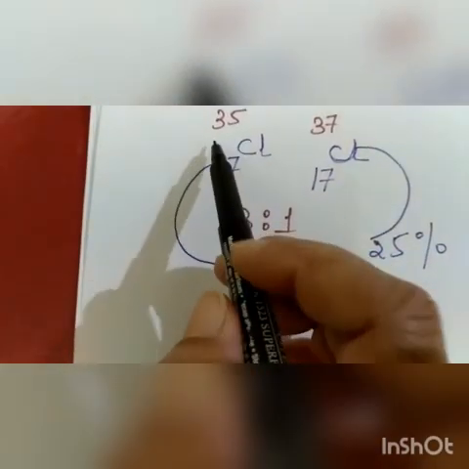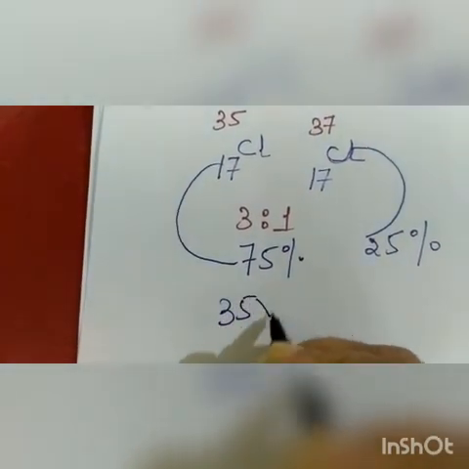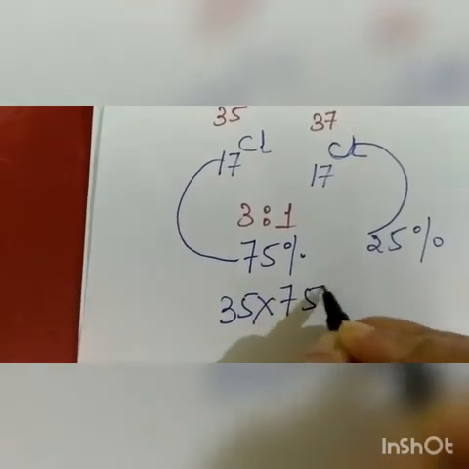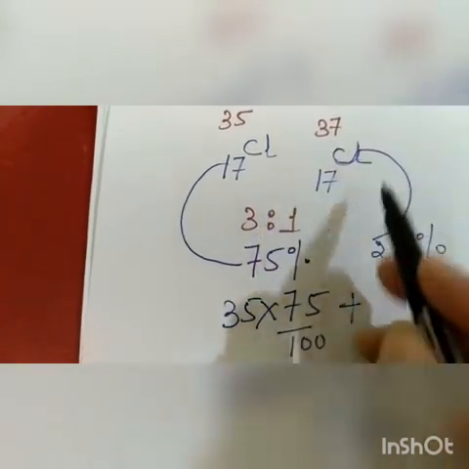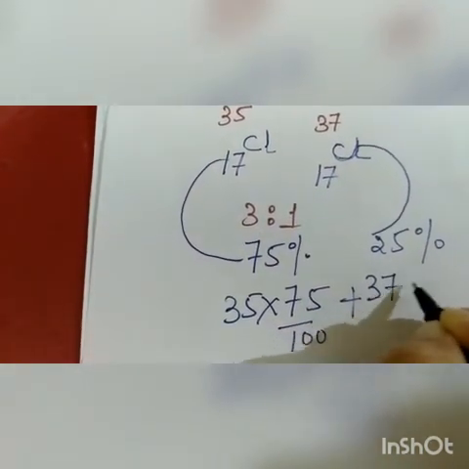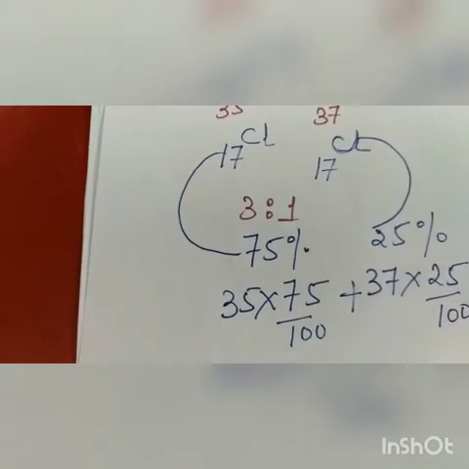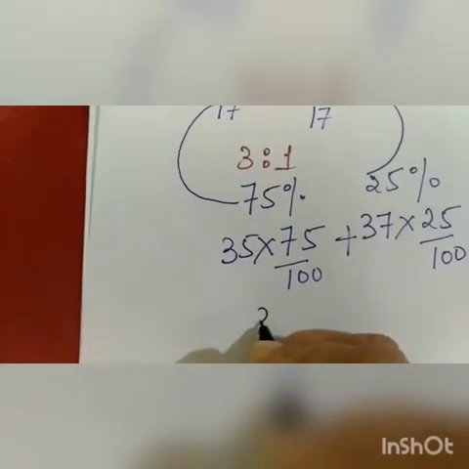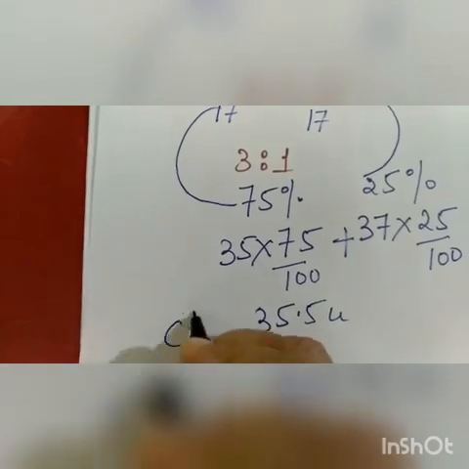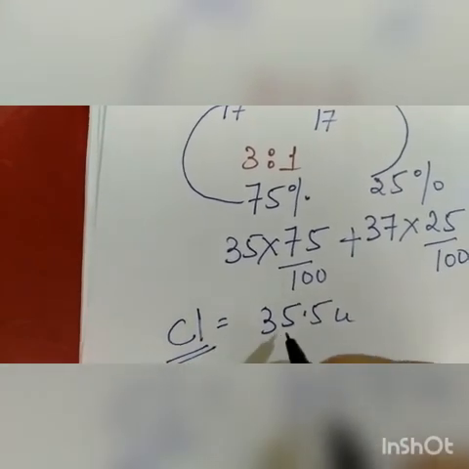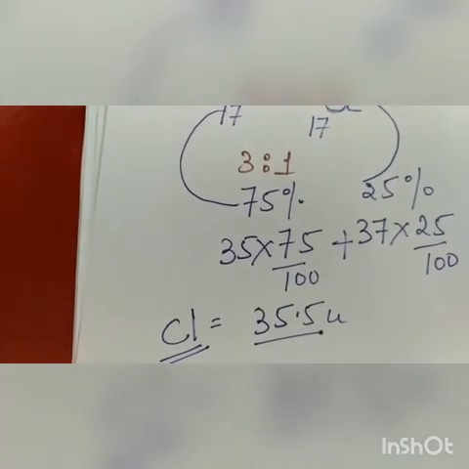The atomic mass of this chlorine is 35 and it contributes 75%, plus here the atomic mass is 37 and it contributes 25%. When you calculate this, you will get 35.5 units. So the chlorine atomic mass is taken as 35.5 units.